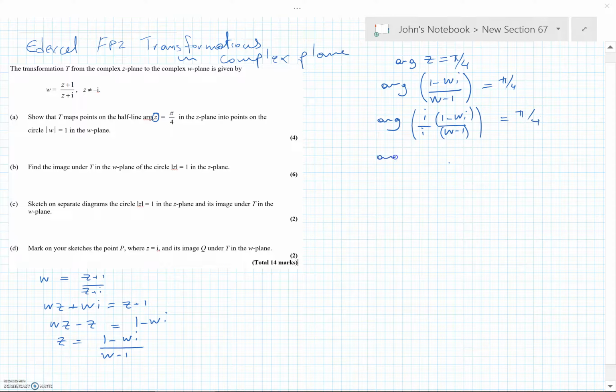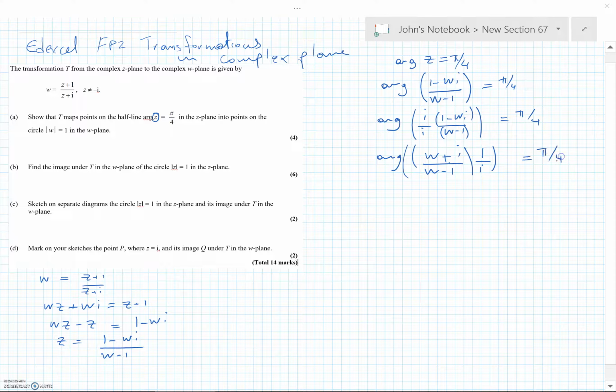That's going to give me the argument of (w plus i) over (w minus 1), with the i factor. Let's leave it, instead of multiplying it out, because that would be kind of counterproductive, as I would then have w on the i at the bottom, so that's not what I want.